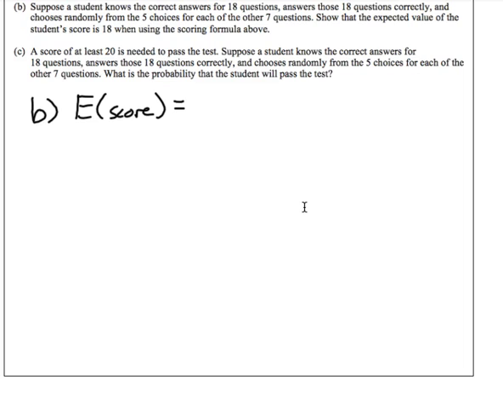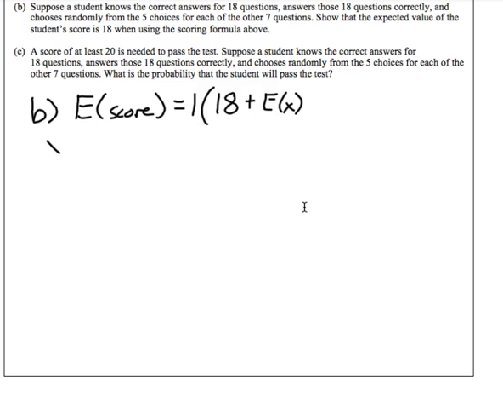Okay, well, the expected score is 1 times the number that they get right. Okay, so we know for sure that they have 18 right. But then there's 7 unaccounted for, right? 7 that they're guessing on. So I'm going to call this the expected value 18 plus the expected value of x, okay?